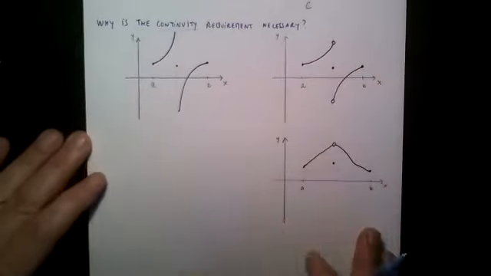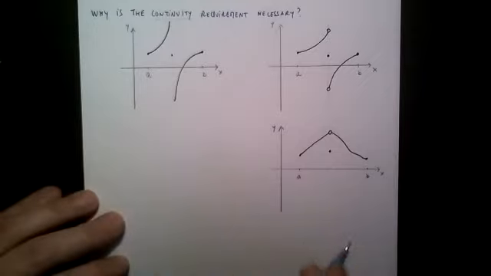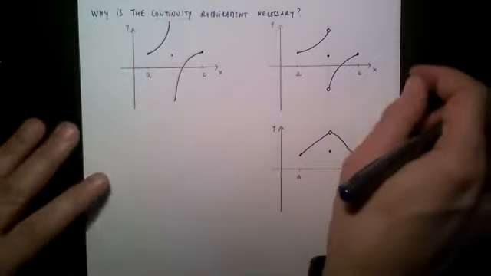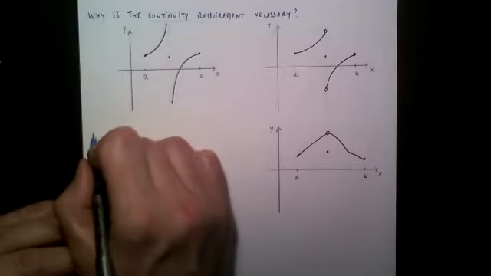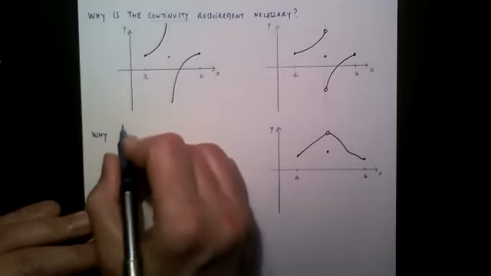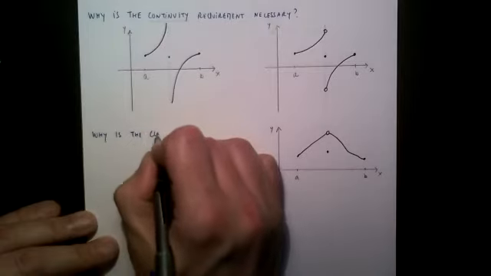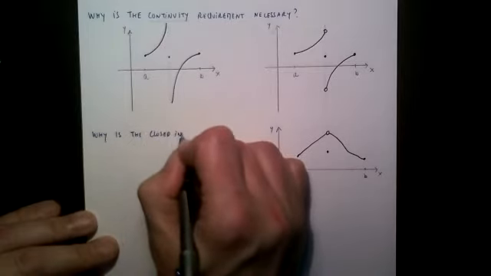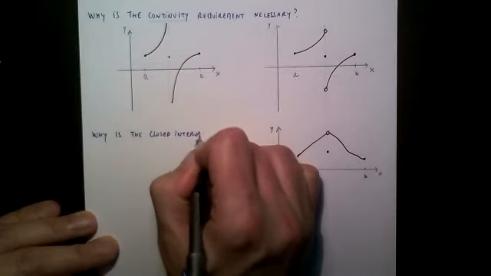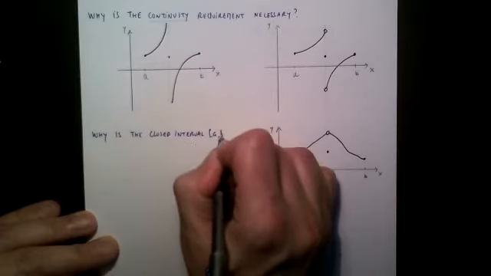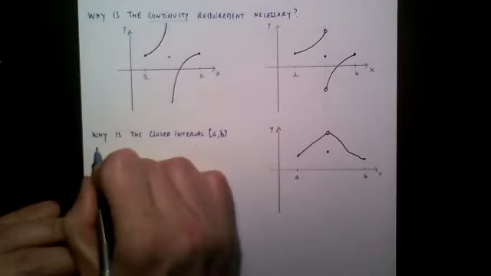Okay. So the other requirement, and I don't know who asked this question, it was a good question: why is the closed interval, so AB, necessary?